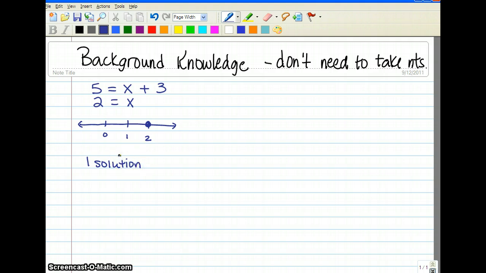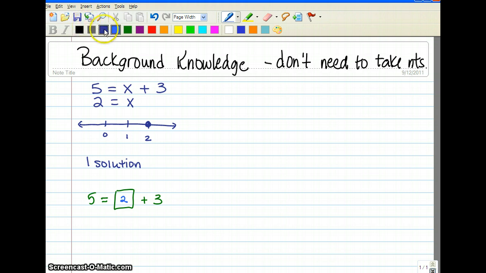Okay? The only answer you can possibly put in for this x is 2. Not a whole lot different from grade school when the problem looked like this. And we all wrote 2 in the box. Okay? One answer, and that's it.